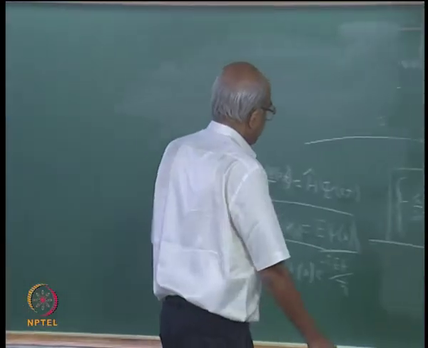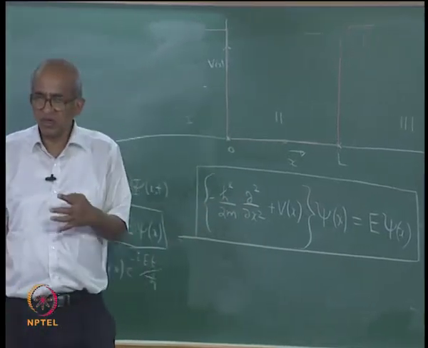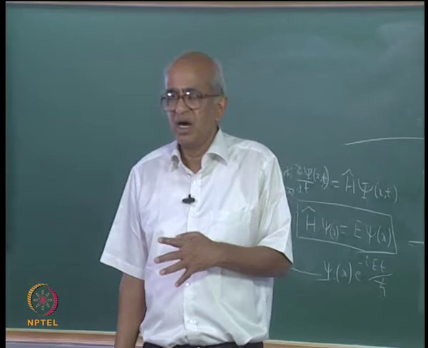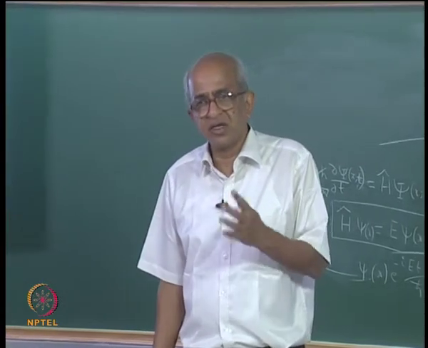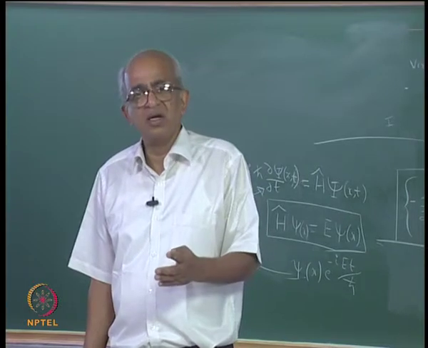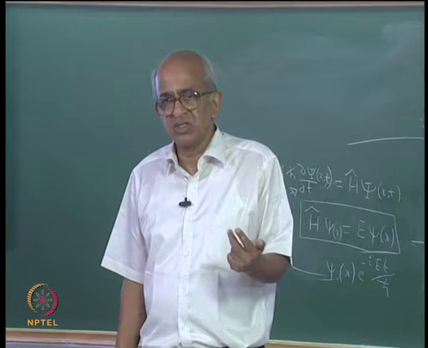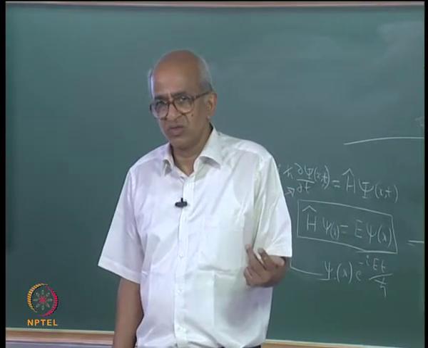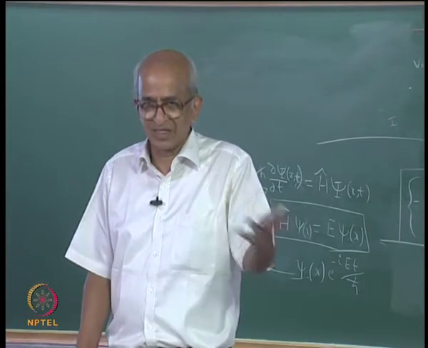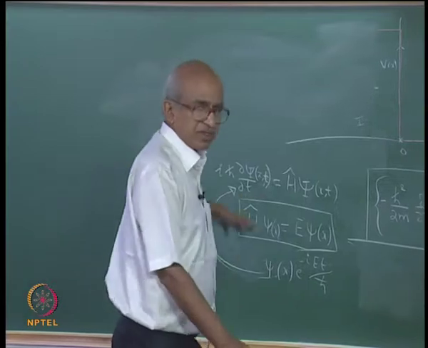That itself tells me what the solution should be in this region, because if the probability of finding the particle outside the box is 0, that should mean that the wave function in region 1 as well as in region 3 must be 0, because only if the wave function is 0 would the probability, which is psi star psi, be equal to 0. So I have immediately solved the Schrodinger equation.